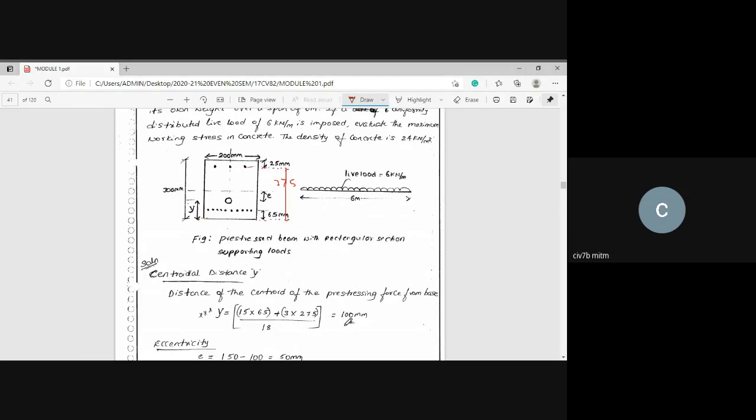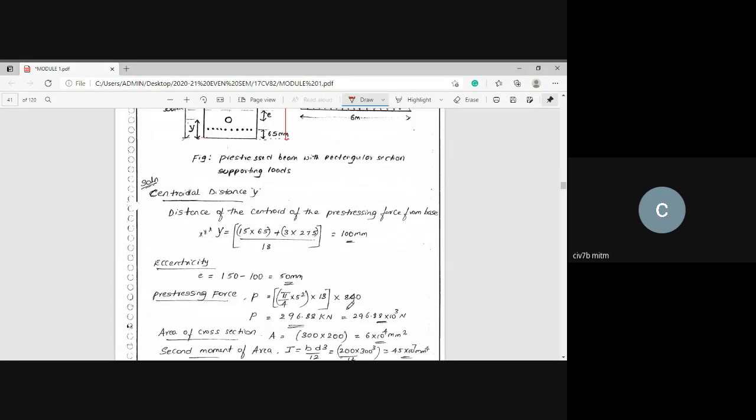Please check the answer. Anybody? Okay, so from the bottom it is 100 millimeter. I think you got the right answer. Anybody worked it on the calculator? Yes, sir. Correct, sir.